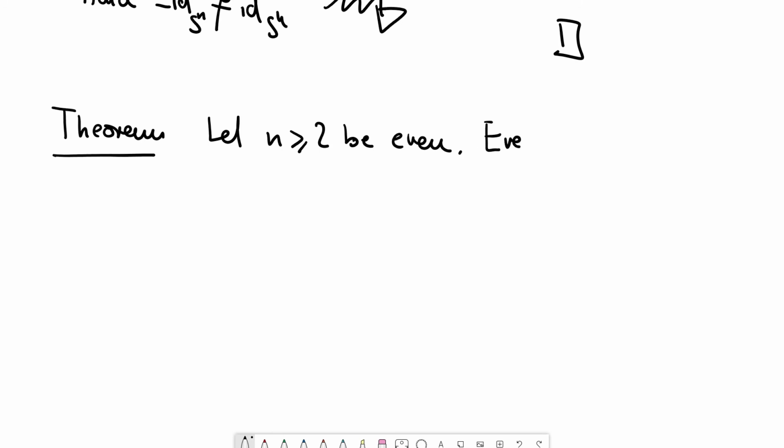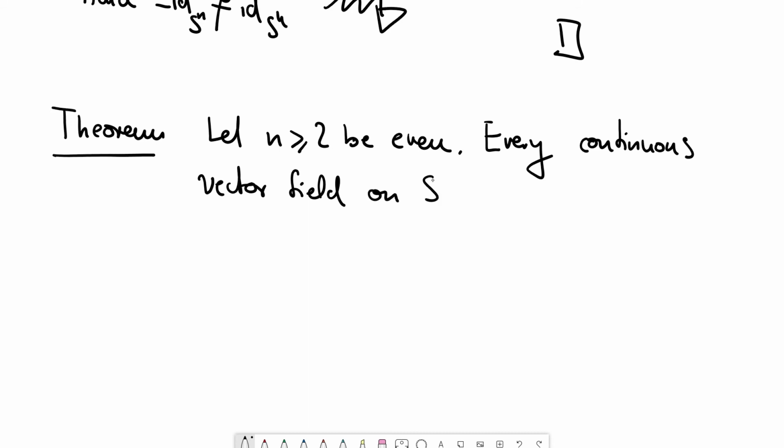Every continuous vector field on the n-sphere vanishes at some point.